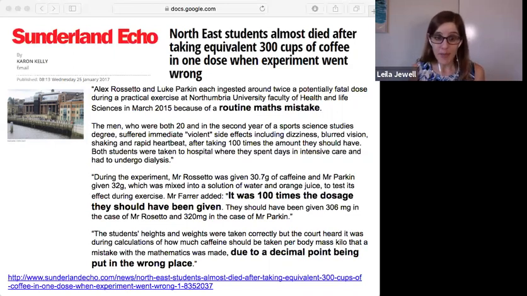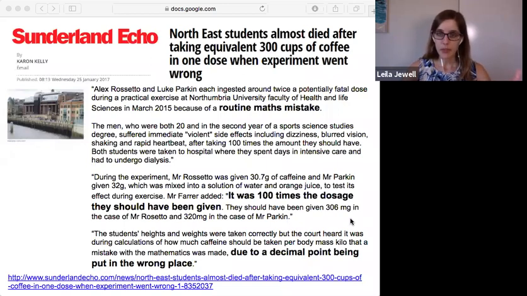There's 100 times the dosage that should have been given. They put the decimal point in the wrong place. They were given basically 30 grams of caffeine instead of 300 milligrams. So the units there made a huge difference. So please pay close attention to your units.